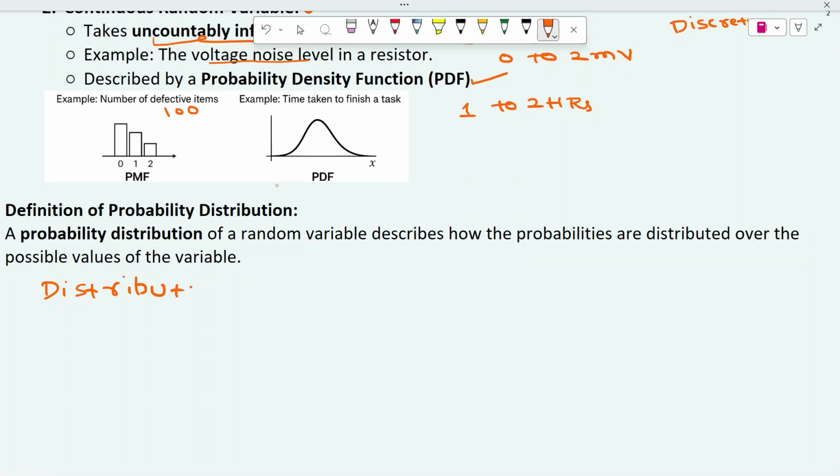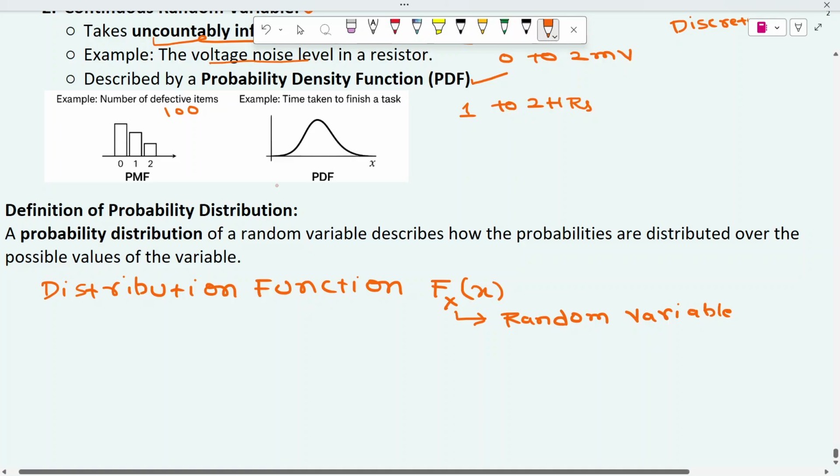Now, how do we define the distribution function? The distribution function is denoted by capital F with suffix capital X. X is the random variable, and small x is the value taken by the random variable.